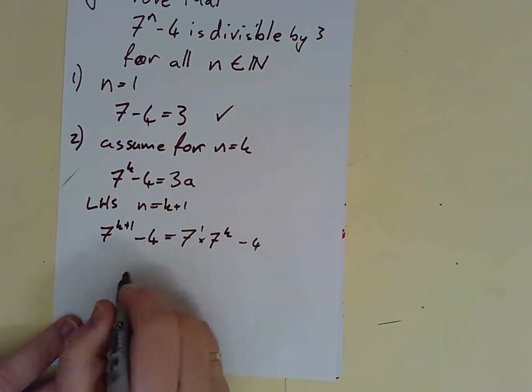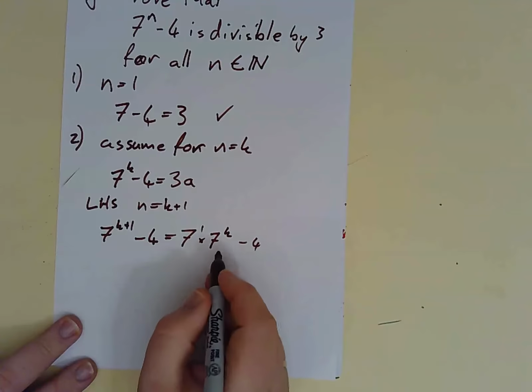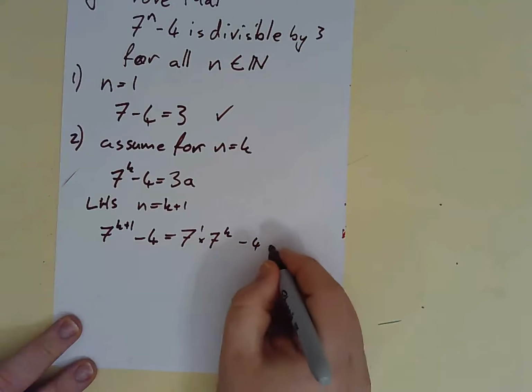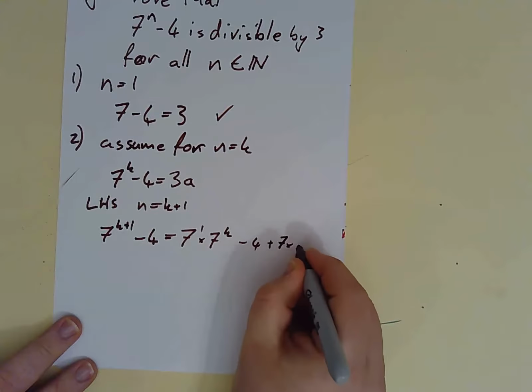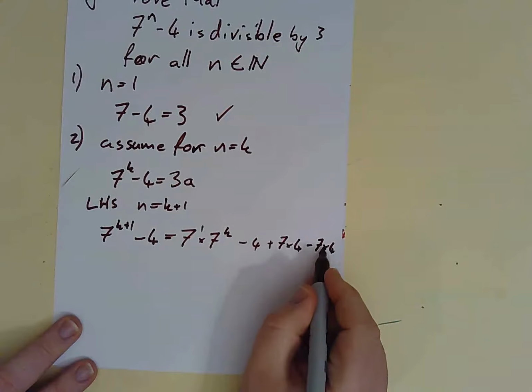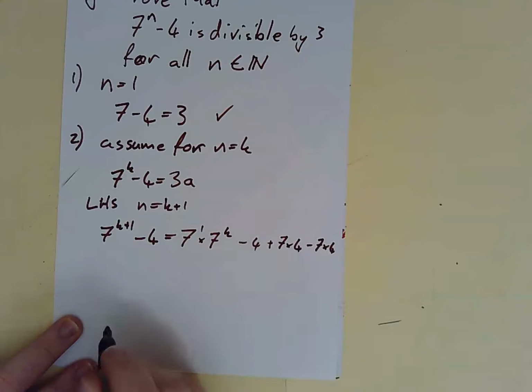So what I'm going to do is effectively do plus a 7 times 4 and minus 7 times 4 in here. And then I'm going to factor in this bit.